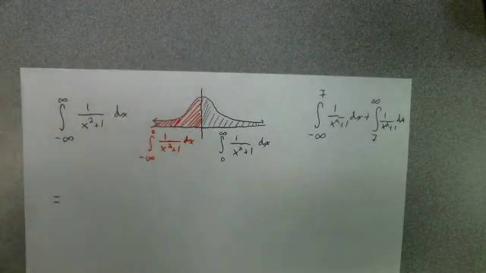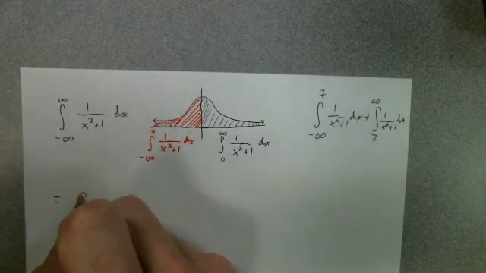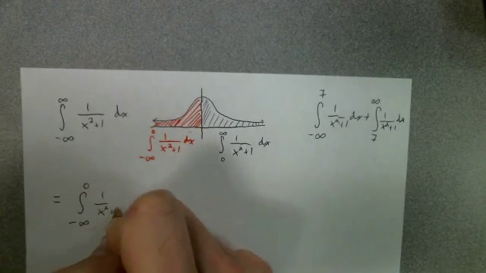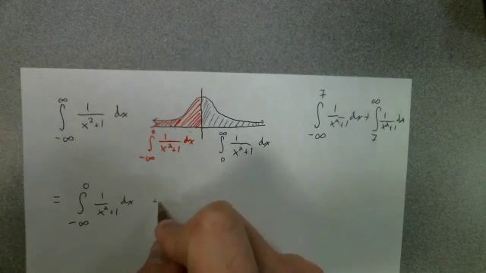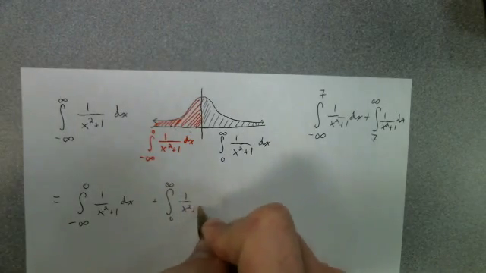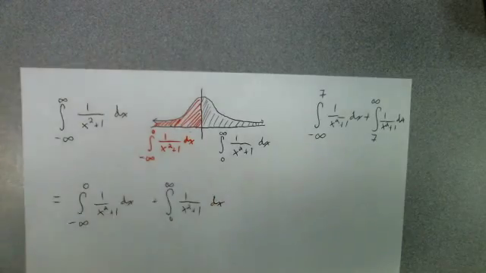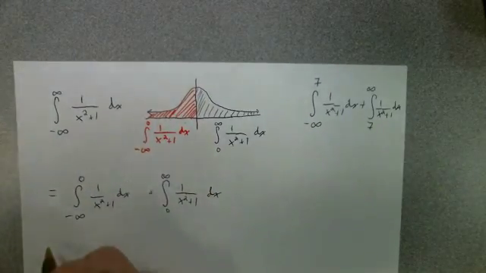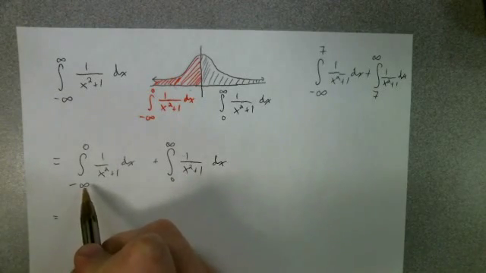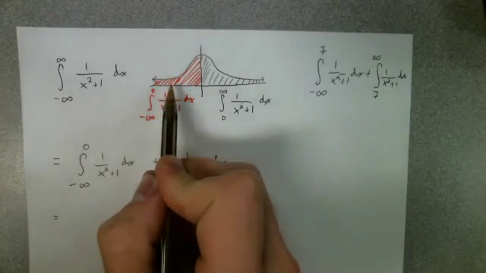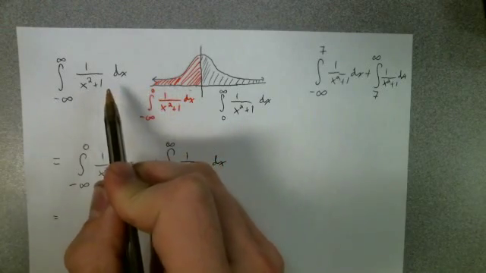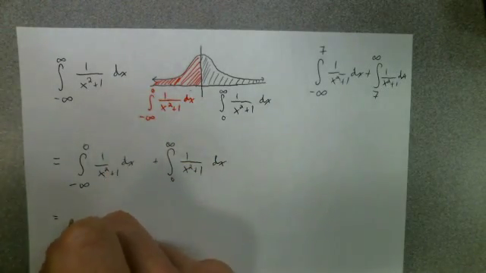So we said, okay, we'll break it up into two integrals: the integral from negative infinity to 0 of 1 over x squared plus 1, and the integral from 0 to infinity of 1 over x squared plus 1. What happens when we take more and more area going this way? Do we get a finite number?